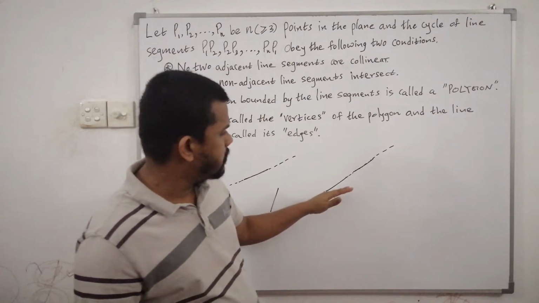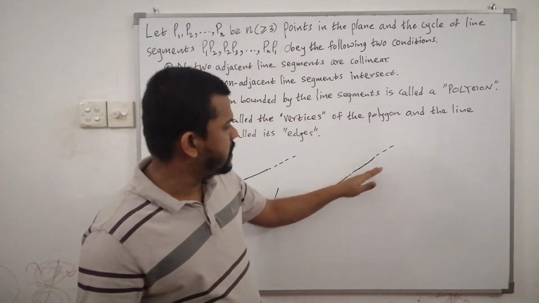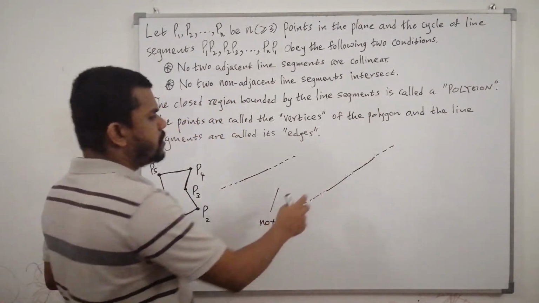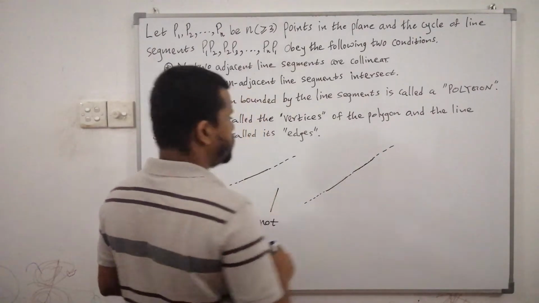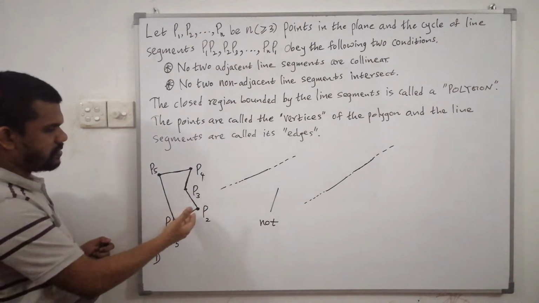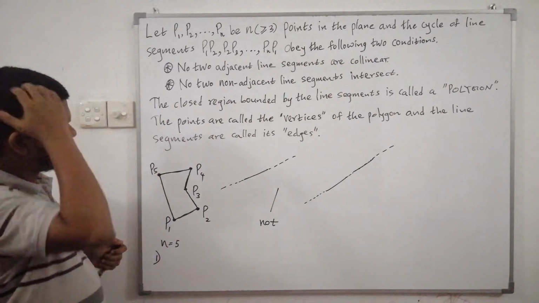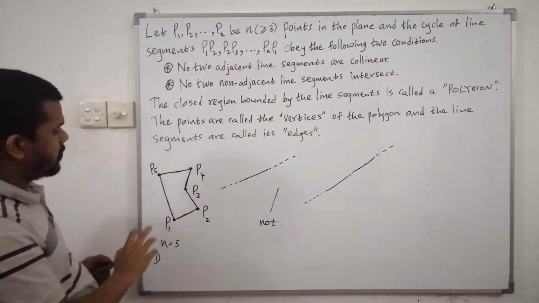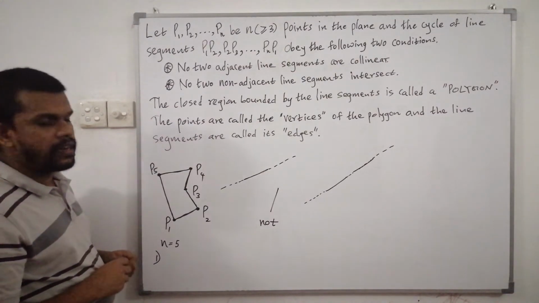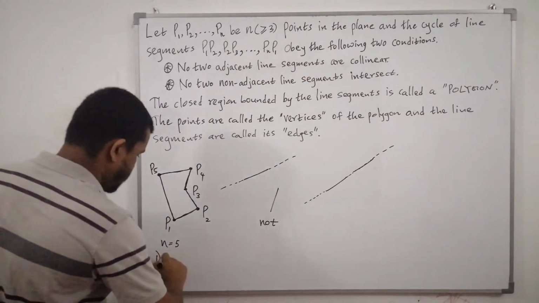In other words, both of these line segments are on the same straight line. Therefore, we say that these two line segments are collinear. Now, if you look at this cycle of line segments, if you consider any two, they are not collinear. Okay, so the first condition is satisfied.